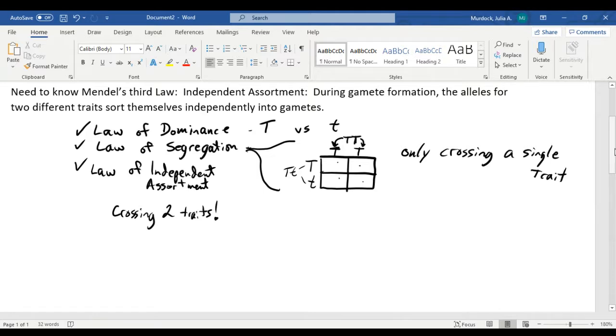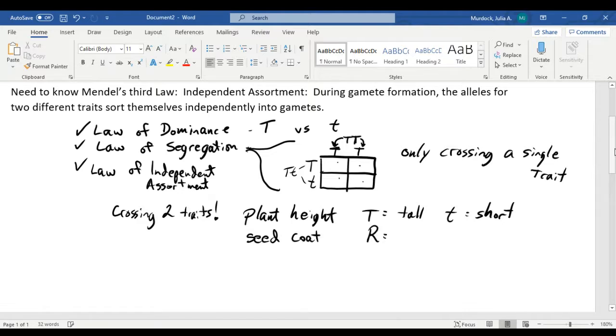For example, plant height. We already know the letters for plant height: big T gives you tall, little t gives you short. Simple dominant recessiveness, two alleles. What if we add seed coat?